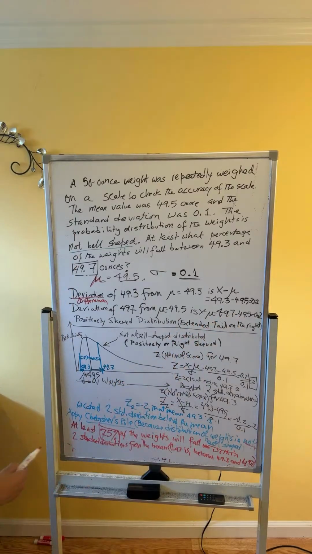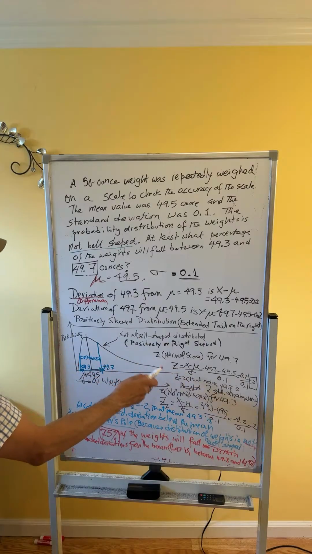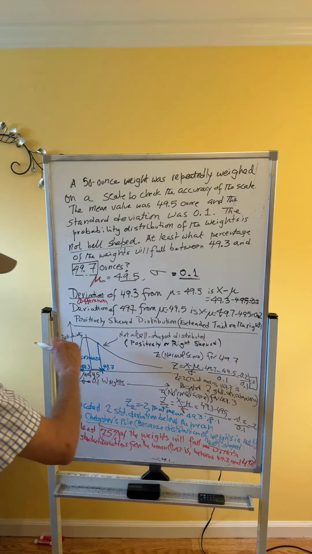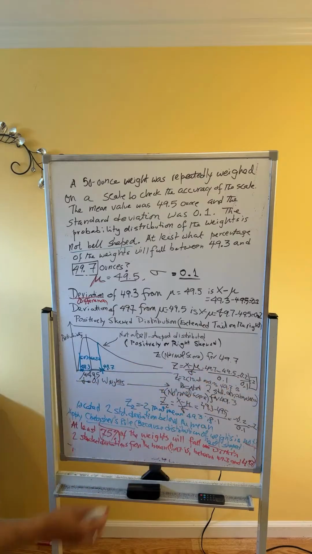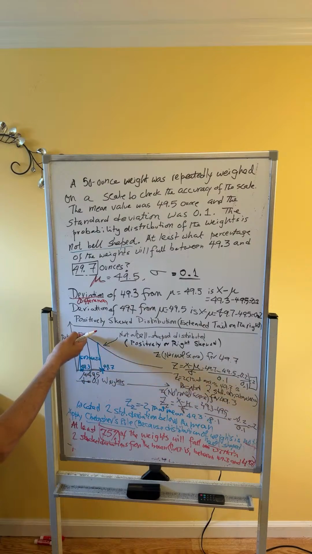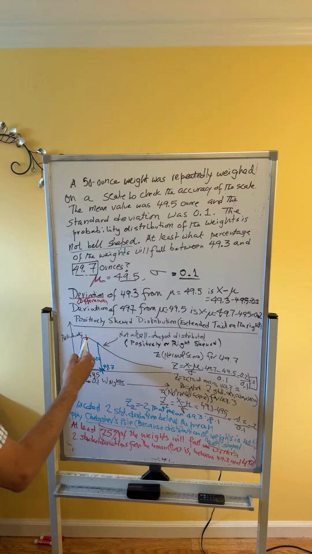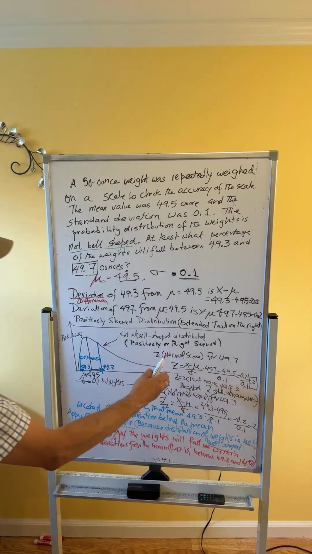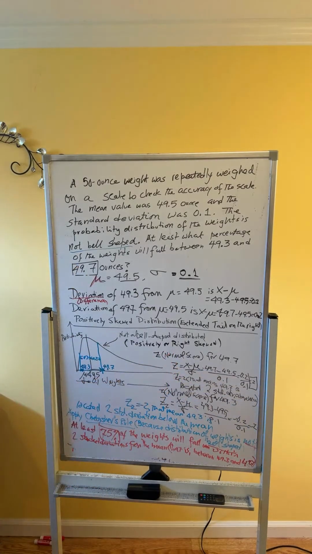Now they told us this distribution is not bell-shaped. Bell-shaped is like an inverted U. Here we have shown a distribution which is positively skewed. It is not bell-shaped because we have an extended tail on the right: some small numbers have the highest frequency, so the mean is around this place, but there are some very large numbers with small relative frequency.